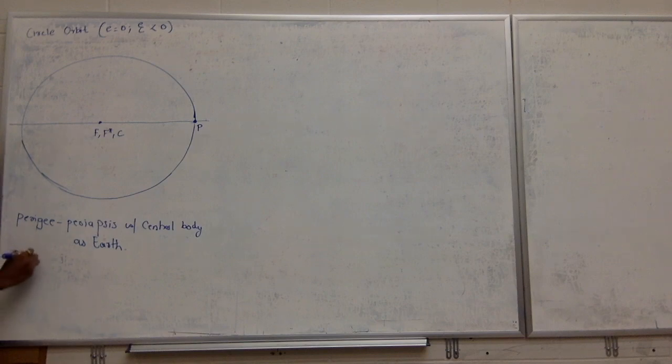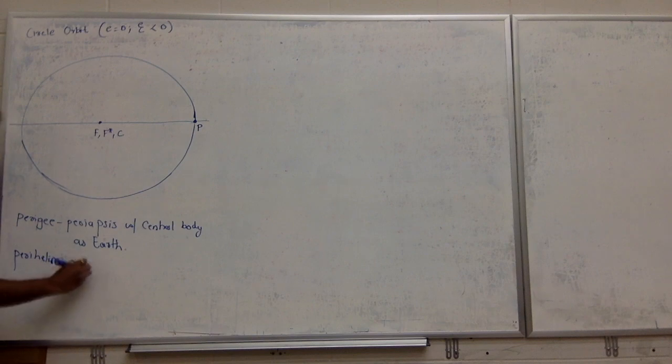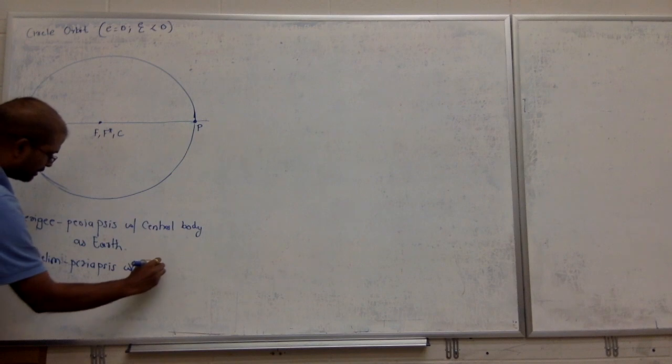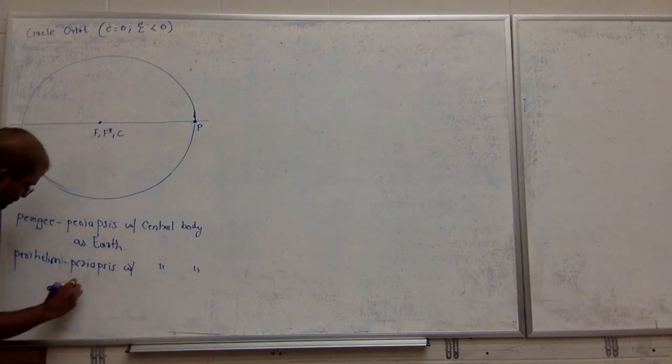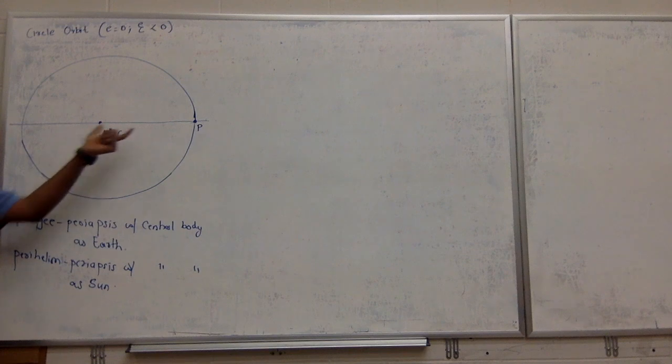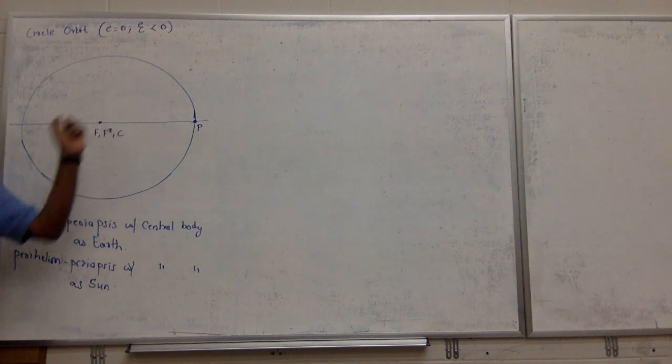Helios. Yes. Is periapsis with central body as the Moon? So what would the moon be? Luna. You're going to find out and tell me what it is. So periapsis is a general term for any central body and any orbiting body.